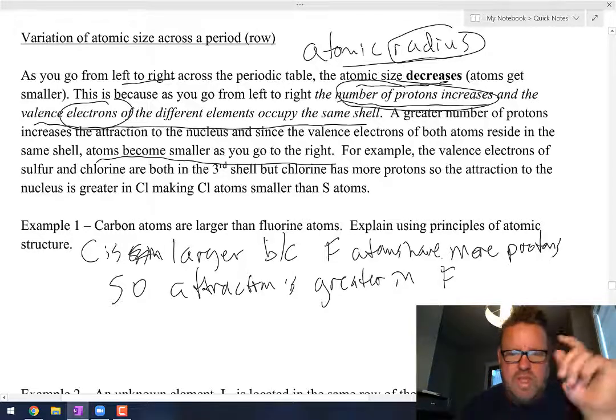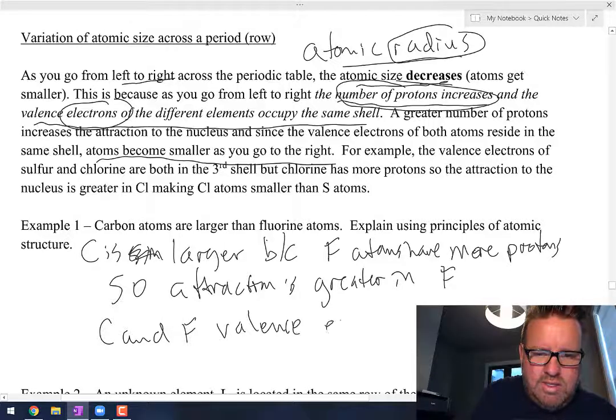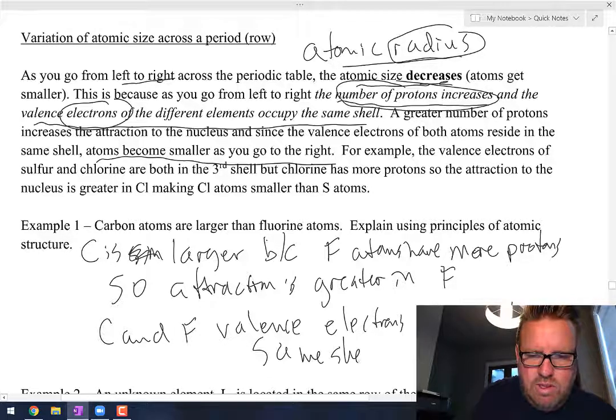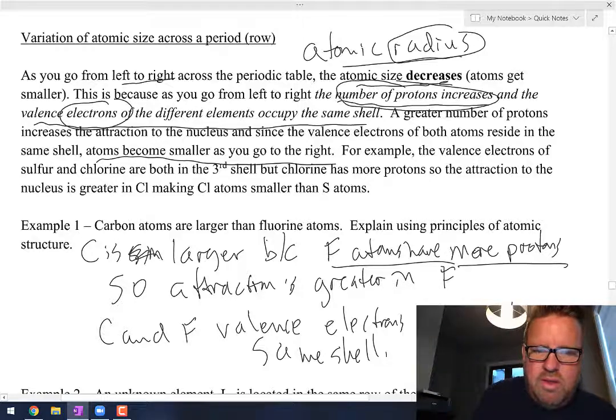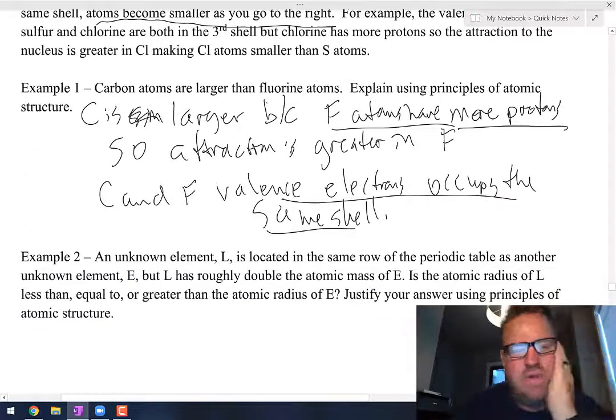That's part of the answer. And then I would also mention that carbon and fluorine's valence electrons occupy the same shell. You say that: more protons in fluorine, valence electrons occupy the same shell. You're golden. Anytime you go across the periodic table, that's what's going to be the case.